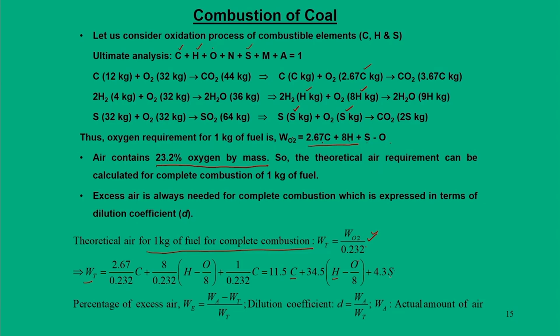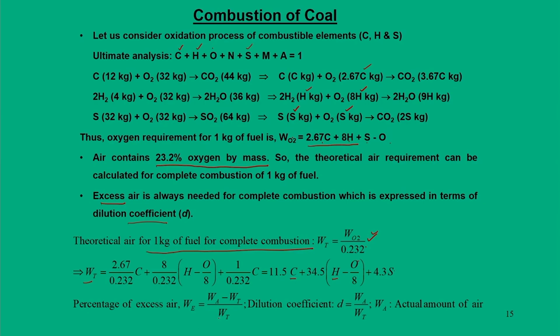But the actual quantity is represented by excess air, because it is not always possible to have complete mixing. So, we always have to rely on excess air. When the excess air is supplied, we need to define another parameter called the dilution coefficient, which is defined as the ratio of WA by WT.